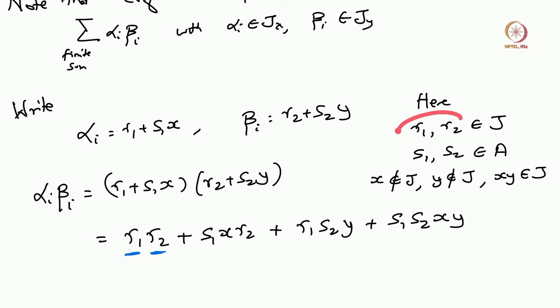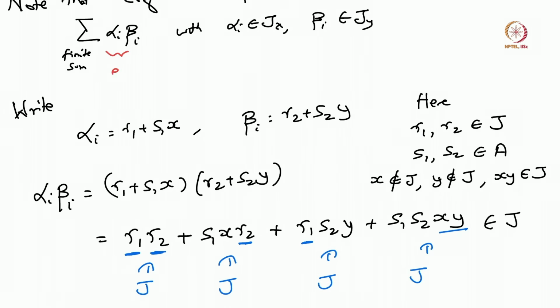Now both R1 and R2 belong to J, so this product belongs to J. For the second term we see that R2 belongs to J, so the product S1xR2 also belongs to J. For the third term we see that R1 belongs to J, so the product R1S2y belongs to J. And for the fourth term we see that x times y belongs to J, so the product S1S2xy belongs to J. So you're adding four elements, each of which is in J, so the sum also belongs to J.